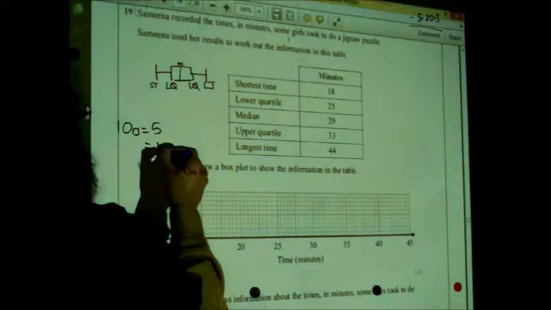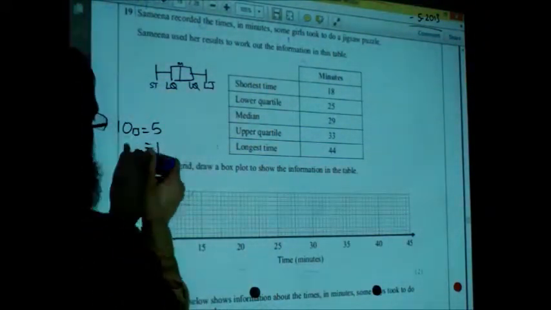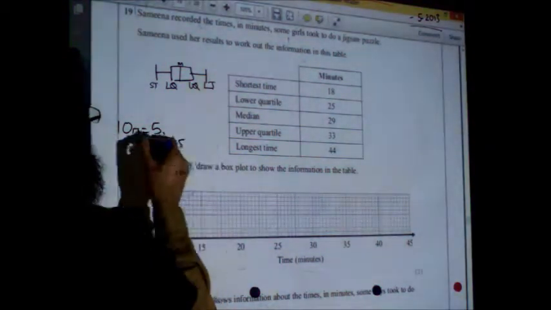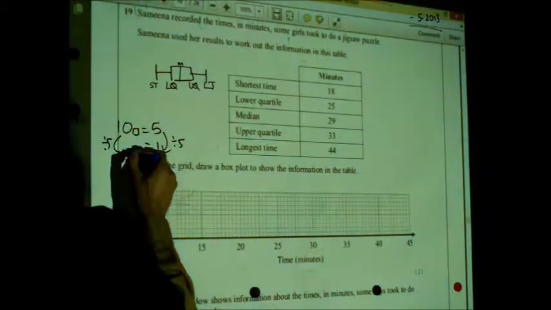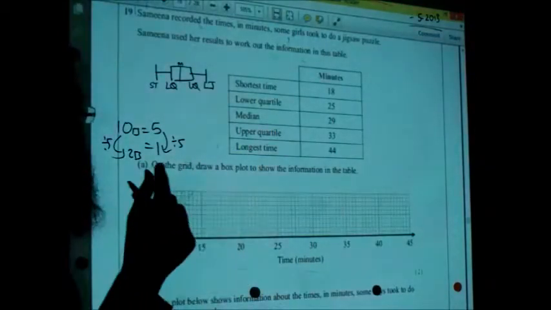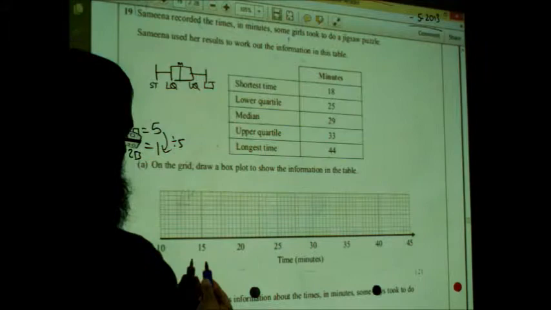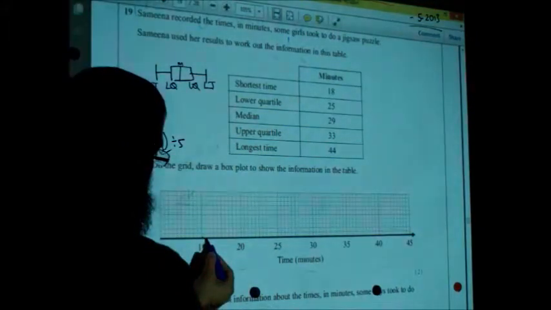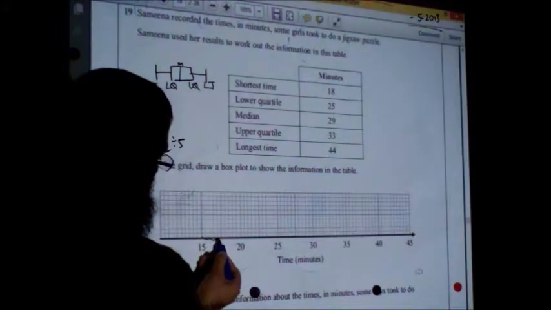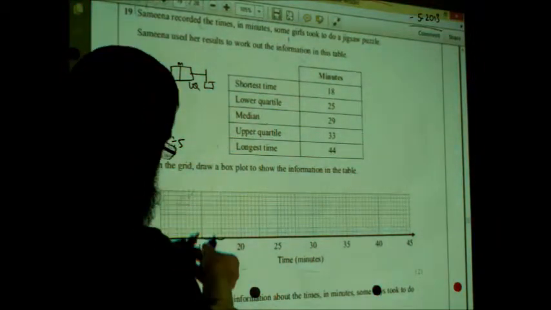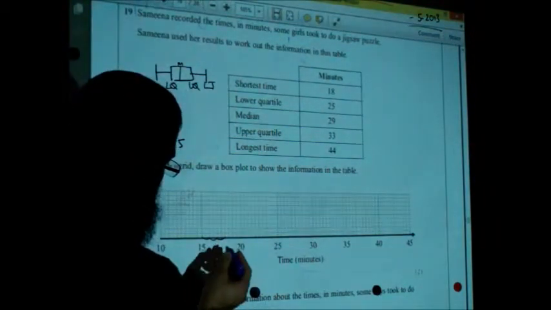So you need to know what is one of them worth. If you go down to one little box, 10 boxes worth 5 values, so each 2 boxes is worth 1. So if you want 18, you're going to go to 15 and go forward by 2, 4 and 6. My screen here is not too focused, but I hope that's about right.